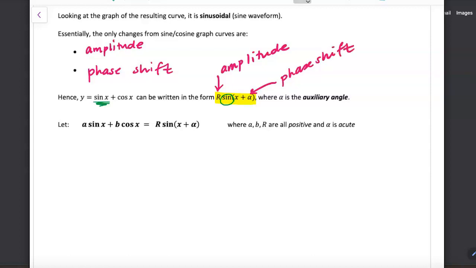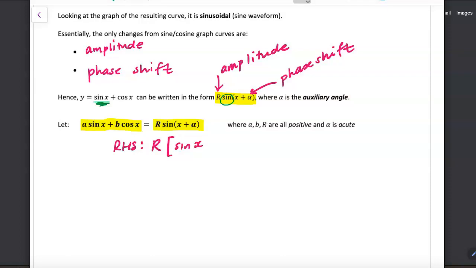So before we go back and consider sine x plus cos x, let's have a look at this in general terms. Let's consider a times sine x plus b times cos x, and we're going to try and write it in terms of R sine in brackets x plus alpha. So if we focus on that right-hand side, using our knowledge of the identities, we can expand sine x plus alpha using our angle sum identity. I'm going to leave the R out the front.